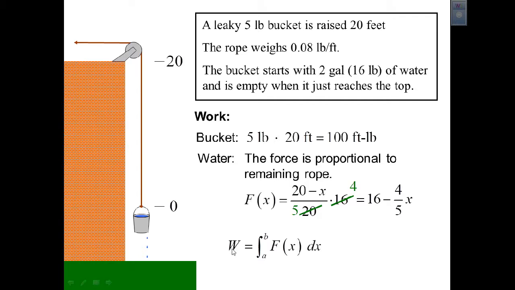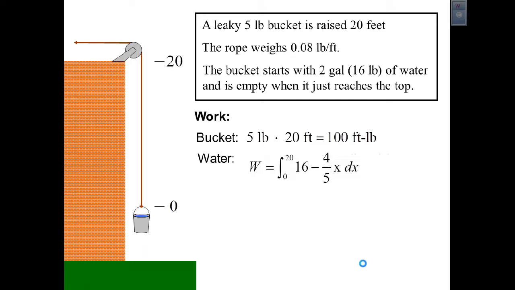All right, so the work just to raise the water now, this is nothing else. Like I said, we've already dealt with the bucket. We're dealing with the water, and we're even going to have to deal with the rope in just a second. But the work to raise the water is the integral from 0 to 20 of 16 minus 4/5 x dx.